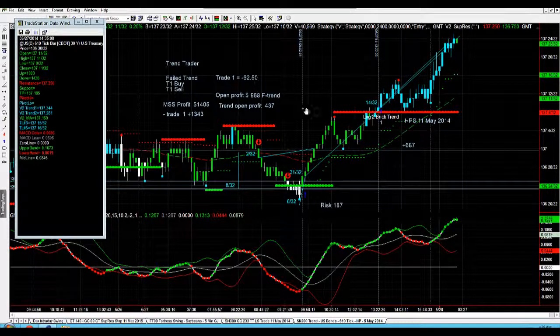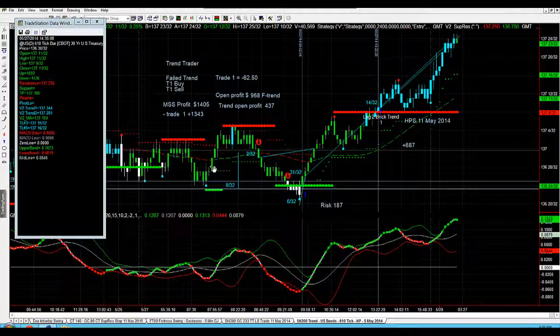We would take in profit on our trend $4.37. So that would give us $14.05. We would have to give back $62.50. Obviously, that was our losing trade, but that gives us a net profit of $13.43. So that's a great day. You can see how well these two strategies are working together. The failed trend and the trend trader, a beautiful combination.